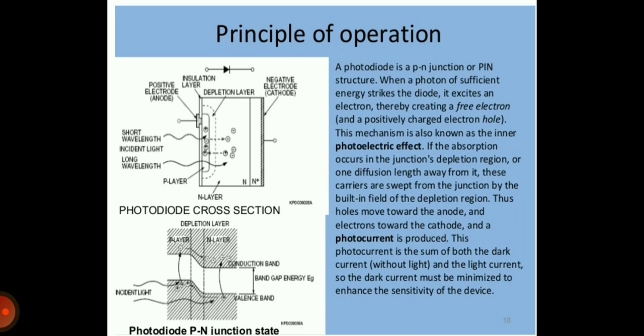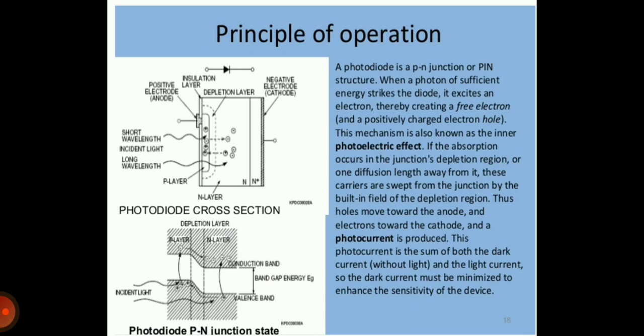A photodiode is a PN junction diode. When a photon of sufficient energy strikes the diode, it excites an electron, therefore creating a free electron, that is, electrons and holes, the charge carriers, will be generated. This mechanism is also known as the inner photoelectric effect.